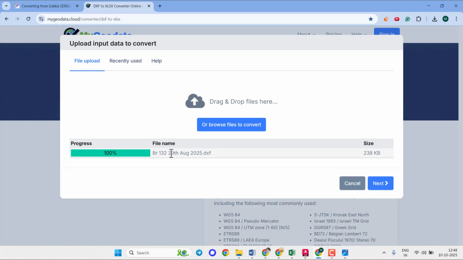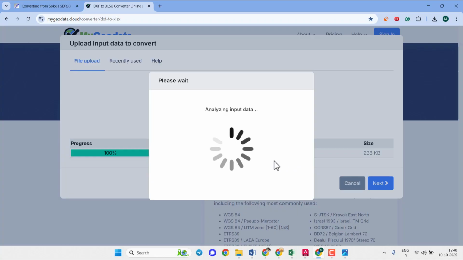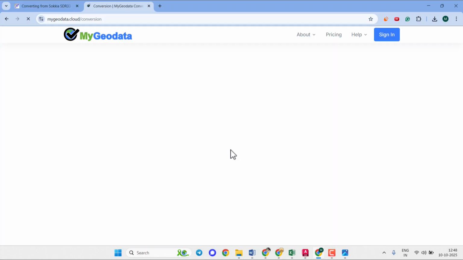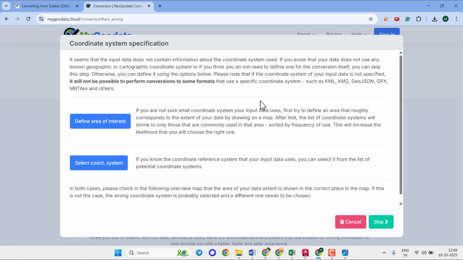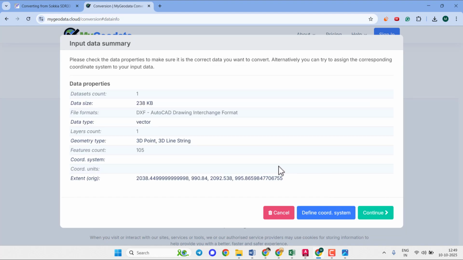So let us convert the DXF file into an Excel file, and what is going to happen is we will get the Z coordinate data for every point that we had named during survey. Let us skip this.